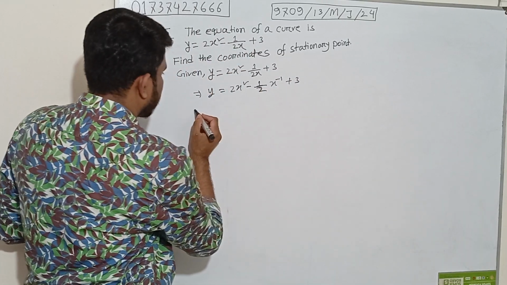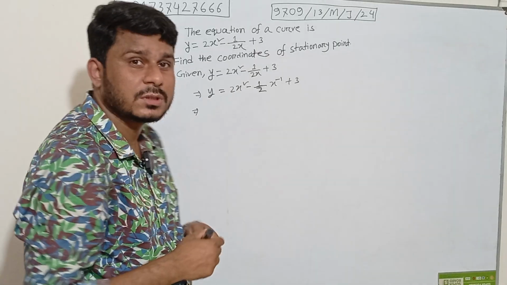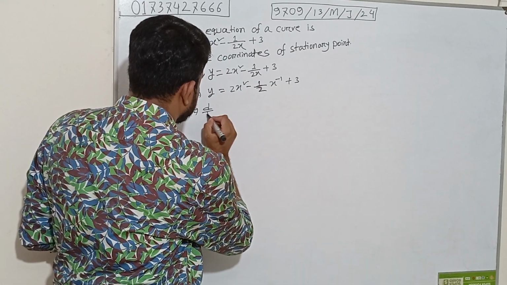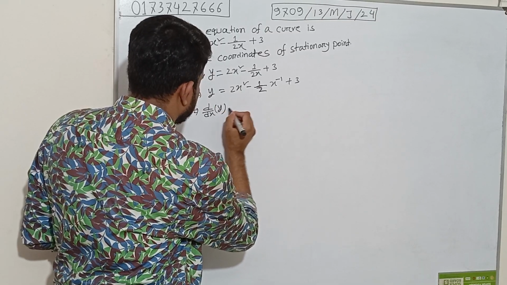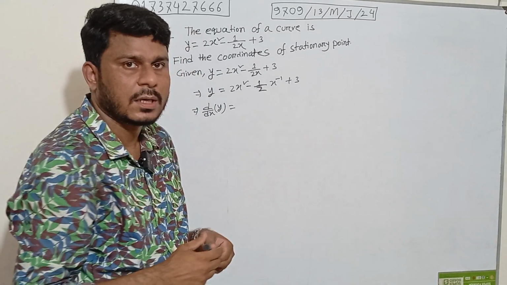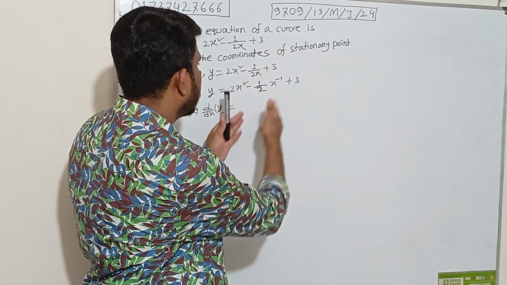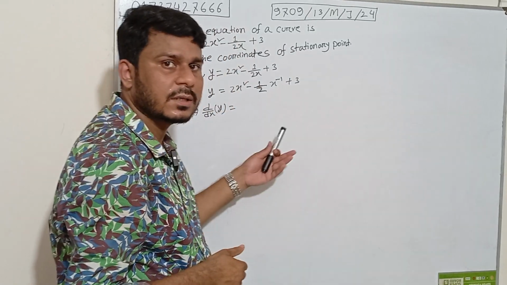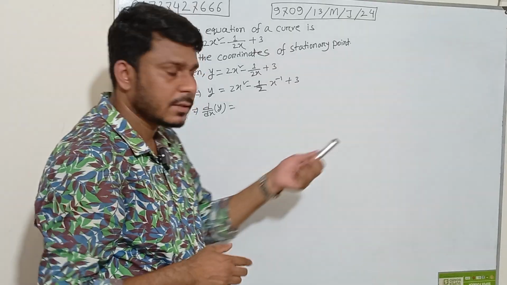Then we differentiate both sides with respect to x, so d/dx. We could write d/dx with brackets on the next line, or we can differentiate directly.